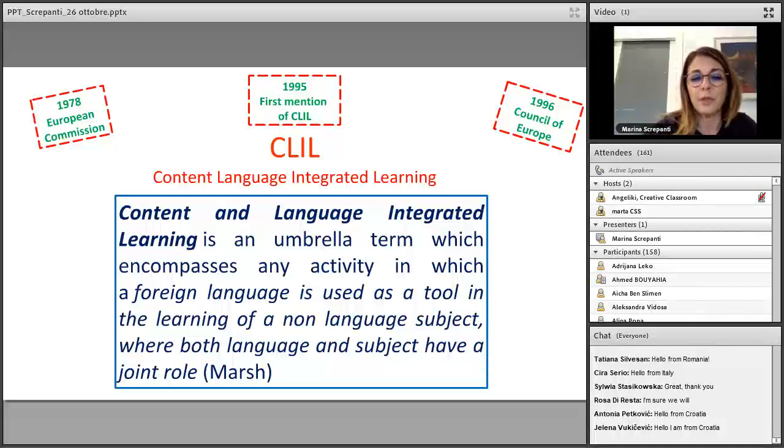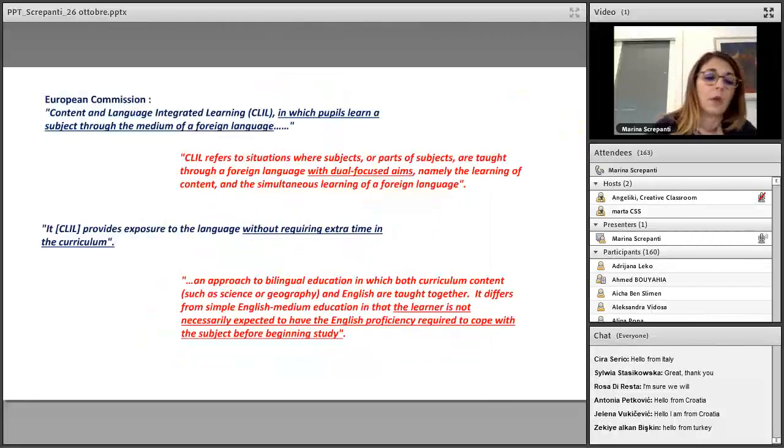So the acronym CLIL means Content and Language Integrated Learning. And I talked to you about the fact that it is dual focused. So it's an umbrella term in which a foreign language is used as a tool in a non-language subject. So normally the non-language subjects are history, geography, science, but also physical education, technology, etc.